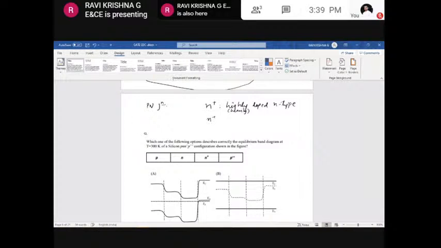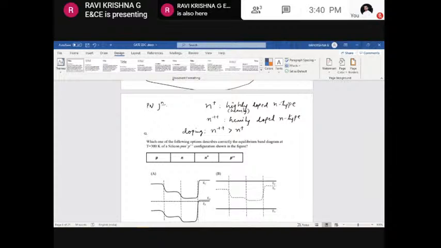If I write N double plus, it is a very heavily doped N-type material, where the doping level is greater than N plus. Which means if you consider the doping levels, in N double plus the doping level will be more compared to the N plus semiconductor region.